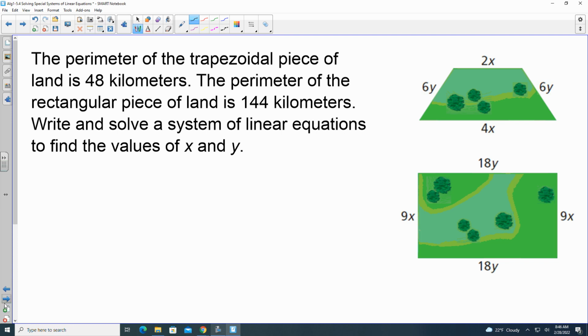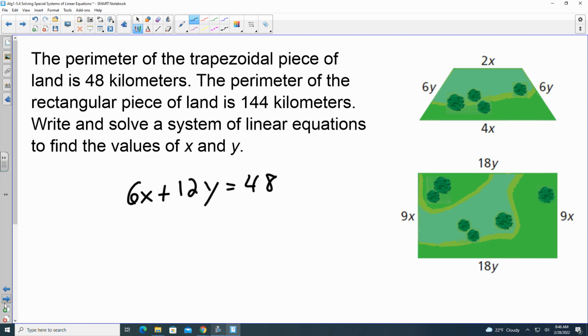So perimeter is just the sum of all the values. So what we can say is the perimeter of the trapezoid is going to be 4 plus 2, which is 6x, plus 6 plus 6, which is 12y, is equal to 48.